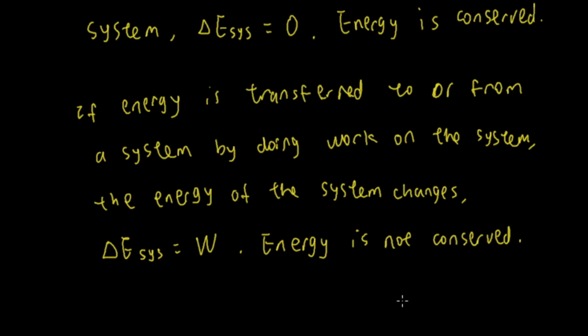Okay, now let's look at this in more detail. First of all, I just mentioned work done here. Now, let's look at the relationship between work and energy. But first of all, let's look at the relationship between work done in physics and kinetic energy.